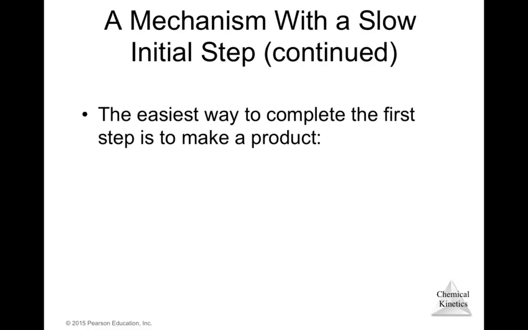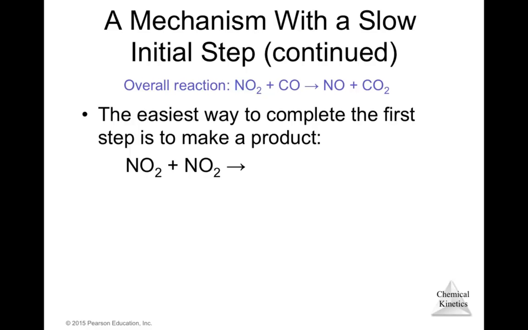So it will be good now to make the product of that first step of the mechanism, and we have NO2 and NO2. Let's bring the overall reaction here to see which one we can produce. We need to produce one of these two products.